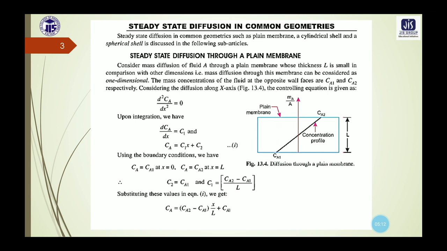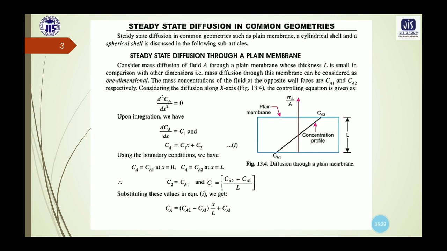Now the mass concentrations of the fluid at the opposite wall faces, the bottom and top faces, are considered as Ca1 and Ca2.